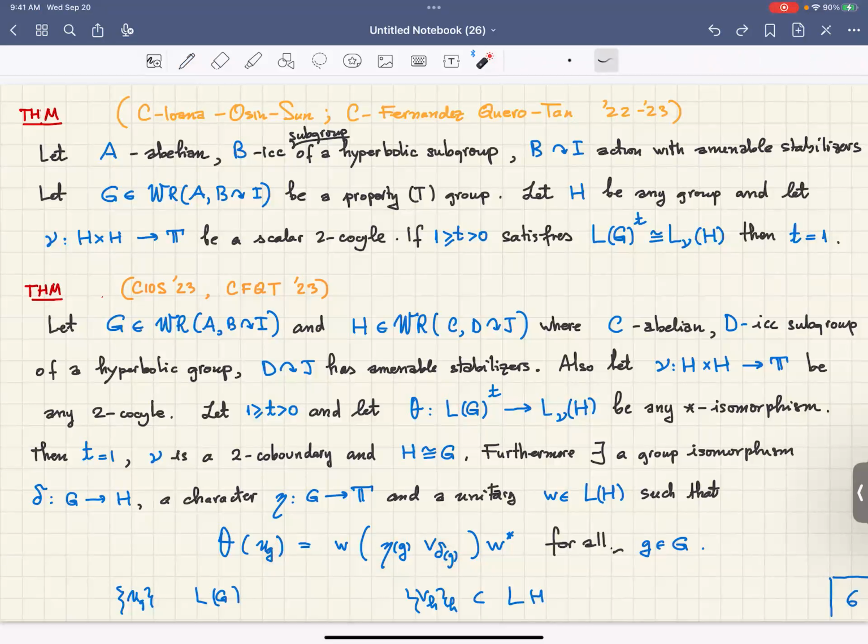So not only are these compressions not twisted algebras, but it also says that if L of G is isomorphic to something twisted, that has to be untwisted, and it's actually a group algebra, okay?